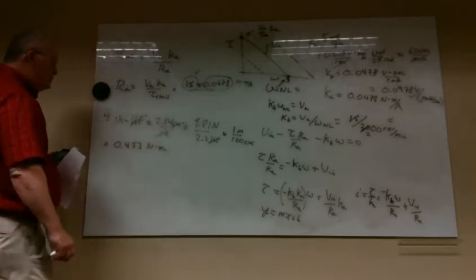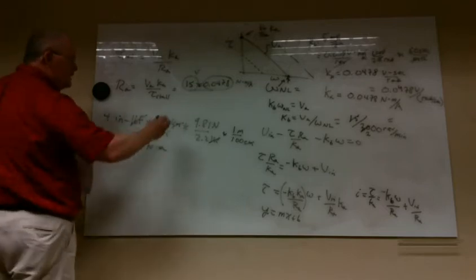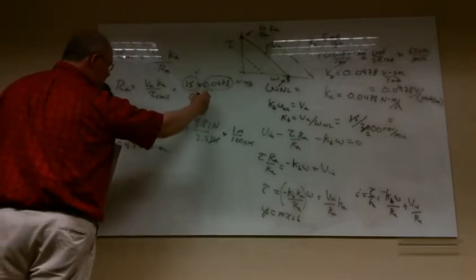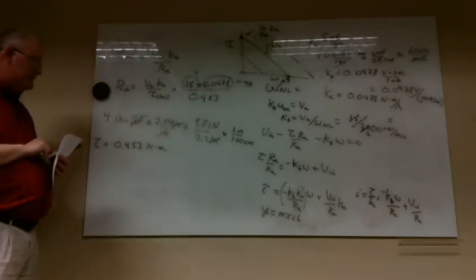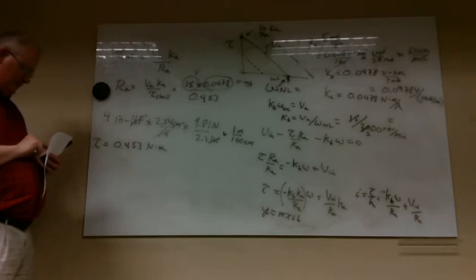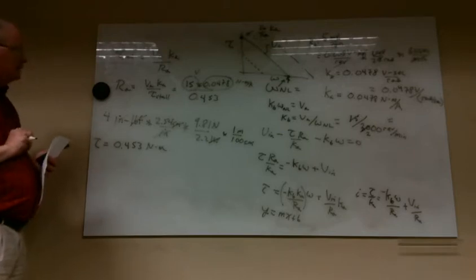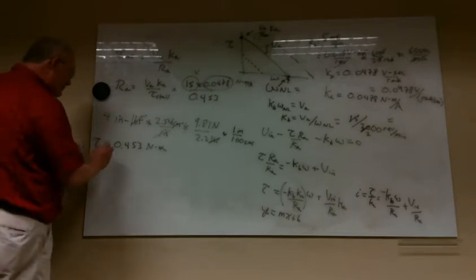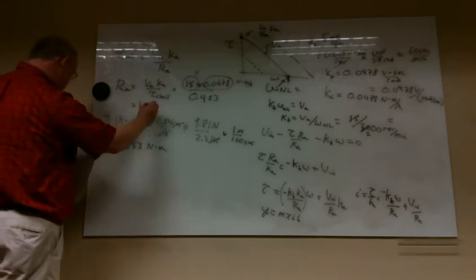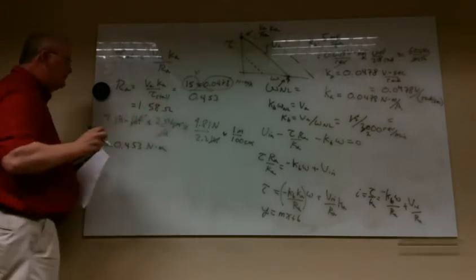So this is our torque that we actually get. We put that in here, 0.453. If I take 0.0478 and multiply that by 15 and divide by 0.453, 1.5... All right, I'm going to double check myself here just for a second.